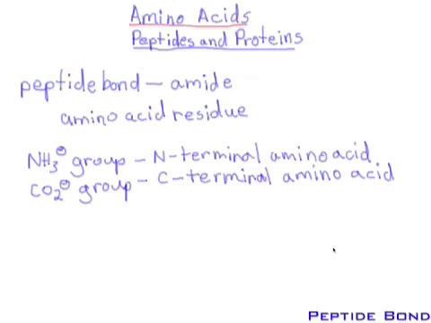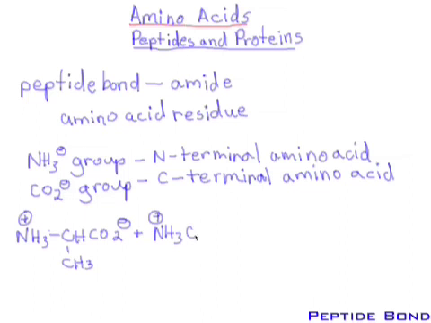Now, let's consider two amino acids that come together and react in this way. Let's start with the Zwitter ion of alanine, and let's react this with the Zwitter ion of methionine.